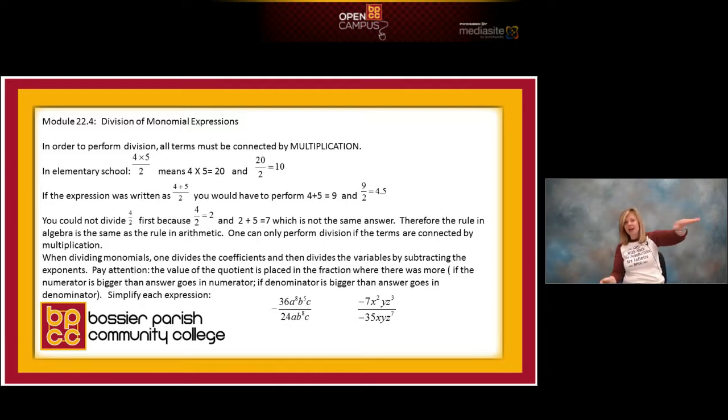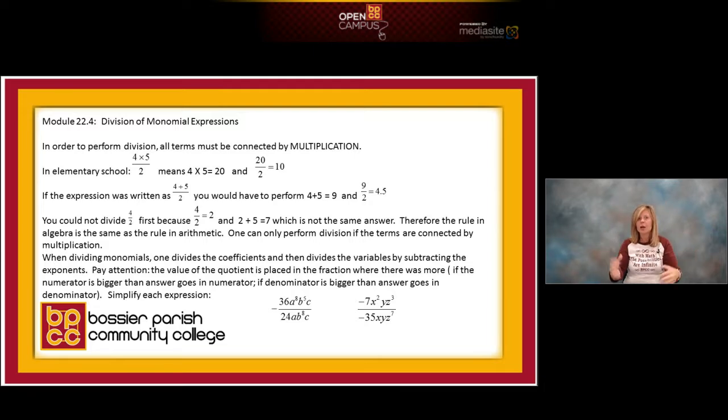Anytime you see that fraction bar, yes, it means division. Before you even jump in and start doing division, you have to make sure all your terms are connected by what operation? That's right, multiplication. Therefore, we can divide monomials by monomials.